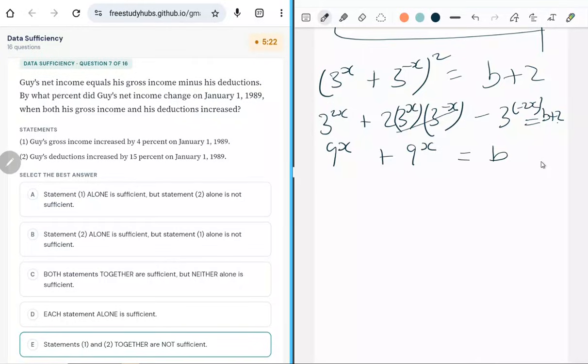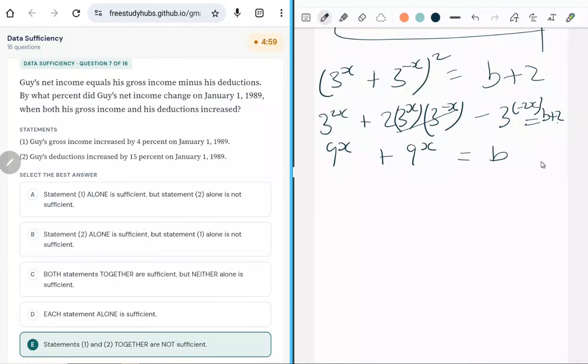So it could even be that your deduction is more than what you are earning. But we don't know what the deduction is. We don't know at all. So by varying it, this type of question normally leads to A.